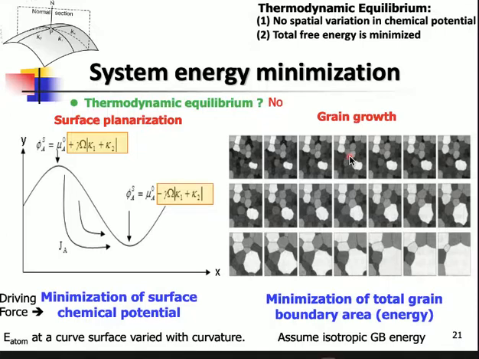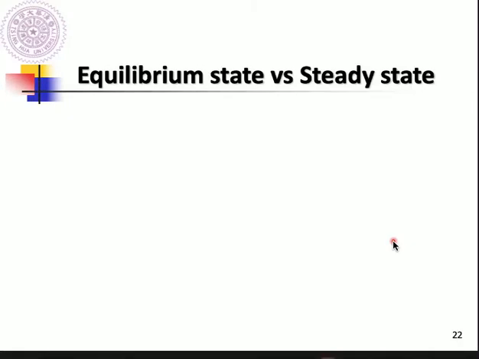So this process also is not a thermodynamic equilibrium process, it's a kinetics process. So I believe you already have some picture of what a thermodynamic equilibrium process is and what a kinetics process is.